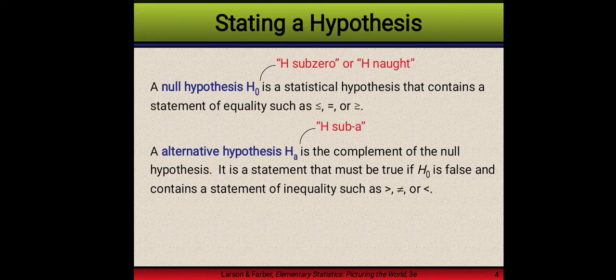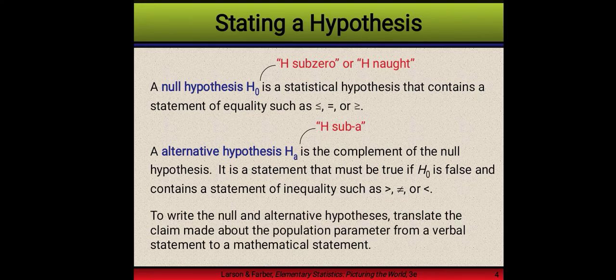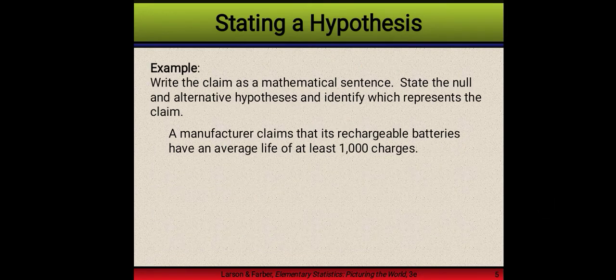It is a statement that must be true if H sub 0 is false and contains a statement of inequality such as greater than, unequal, or less than. To write the null and alternative hypothesis, translate the claim made about the population parameter from a verbal statement to a mathematical statement.